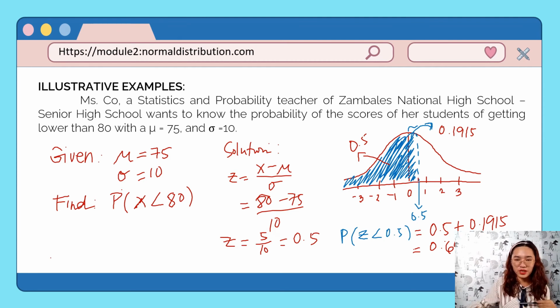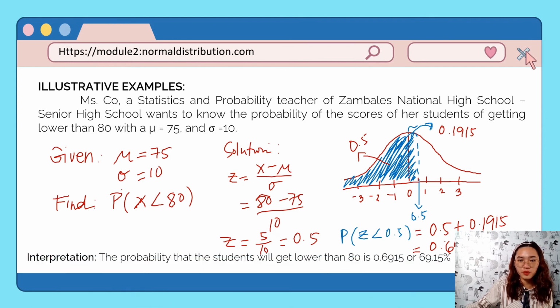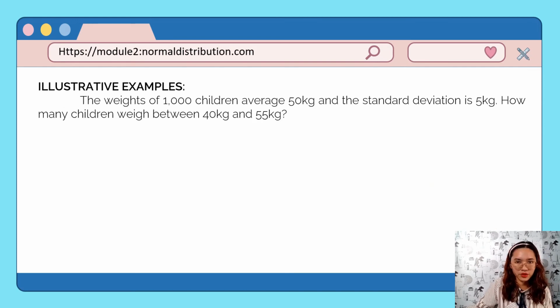So, paano po ang interpretation natin dyan? That will mean that the probability that the student will get lower than 80 is 0.6915 or 69.15%.